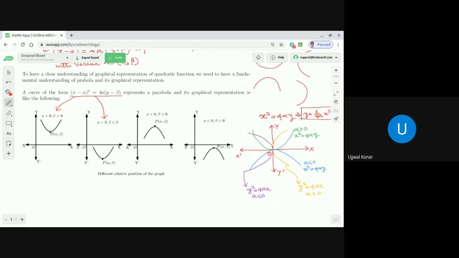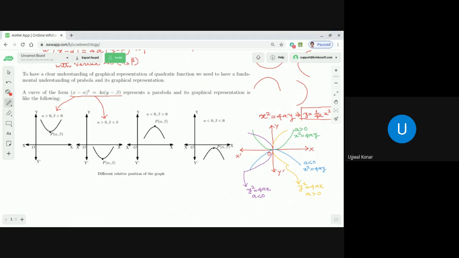Now it comes to when a is less than 0. When a is less than 0, one thing for sure is that the curve is flipped downward. When a is less than 0 and beta is greater than 0, the curve is flipped downward, but the y coordinate of the vertex is above the x-axis.